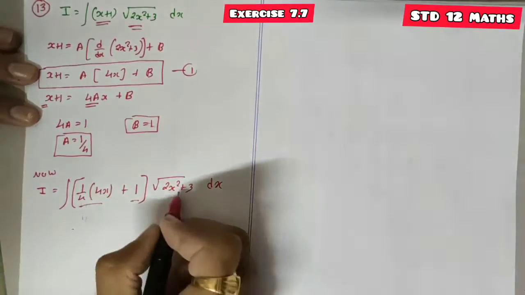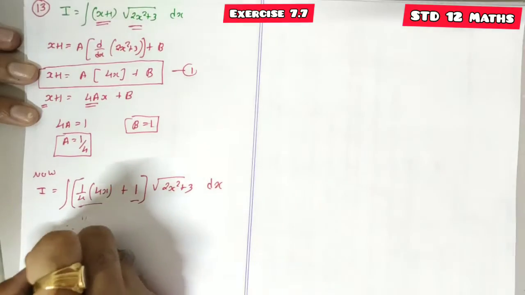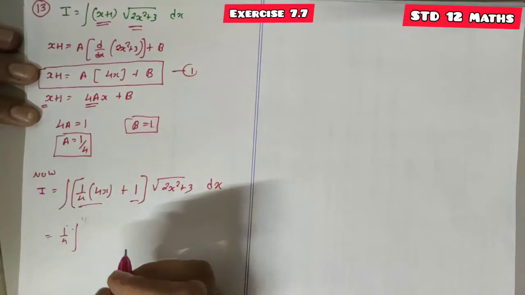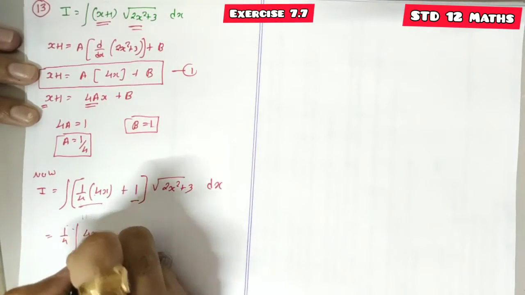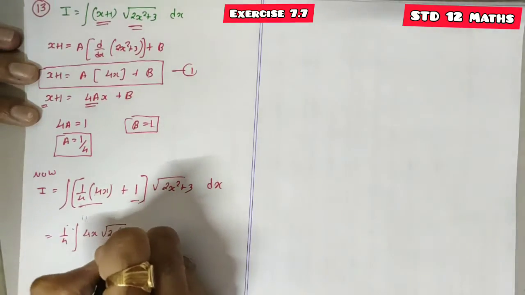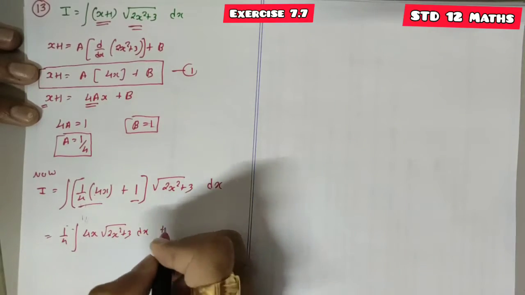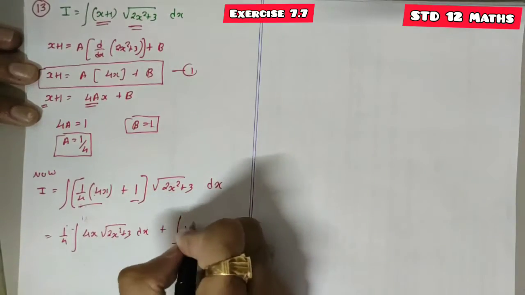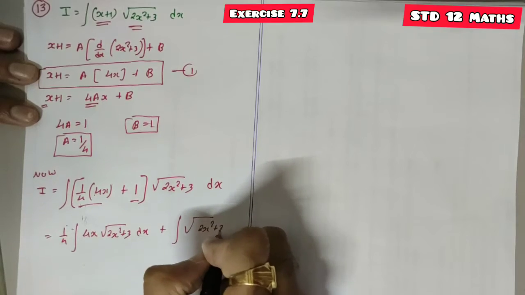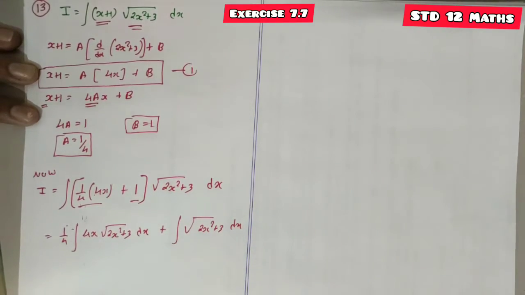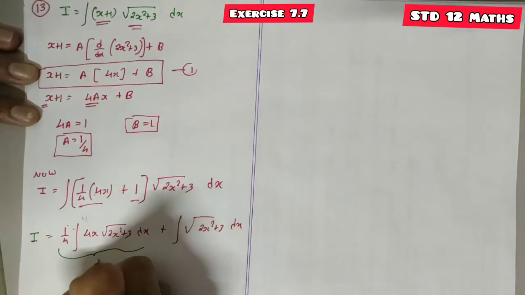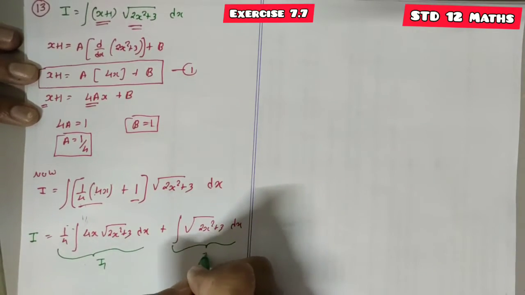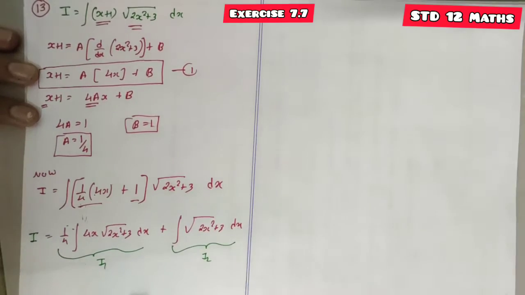Taking 1 by 4 as a constant, it's an integration of 4x into square root of 2x square plus 3 dx, plus integration of 1 into square root of 2x square plus 3 dx. Done? So this is our integration I, which is now divided into two integrations, I1 and I2. Now you have to find this I1 and I2 separately. So what is our I1?